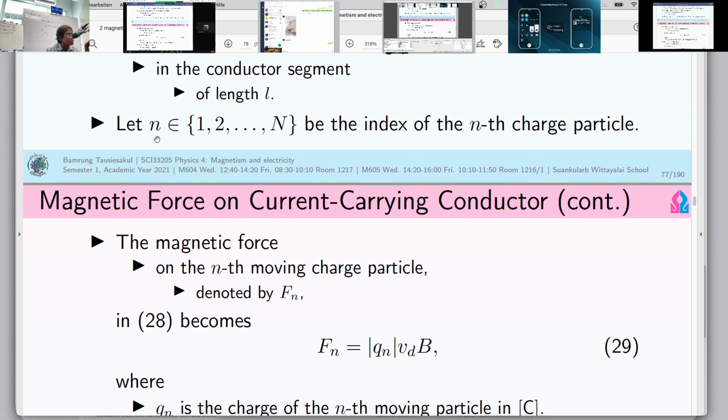It can change its value from 1 until the last index.